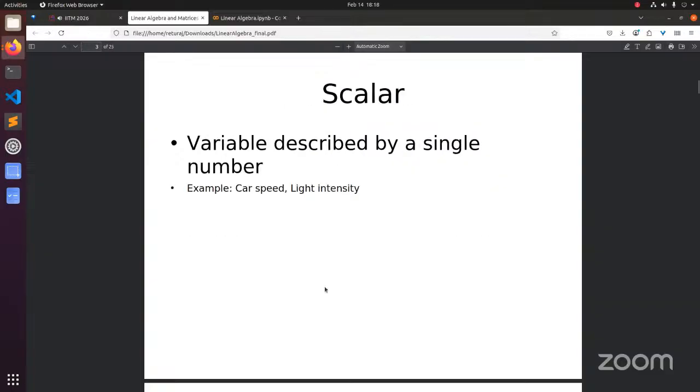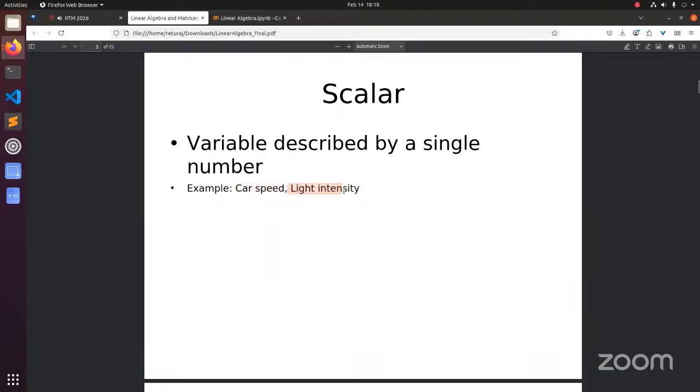So a scalar is a singular number. An example could be the speed of a car or a light's intensity. Intensity is some number, right? A scalar is a singular value in some real number space that gives a measure of some concept. Here speed is a concept and you want to measure the speed of a car; it is a singular number.